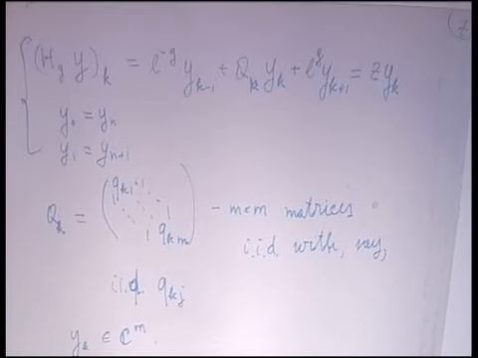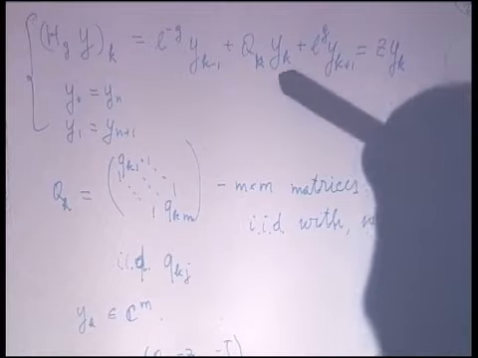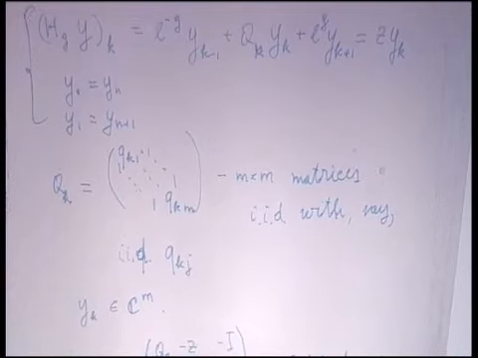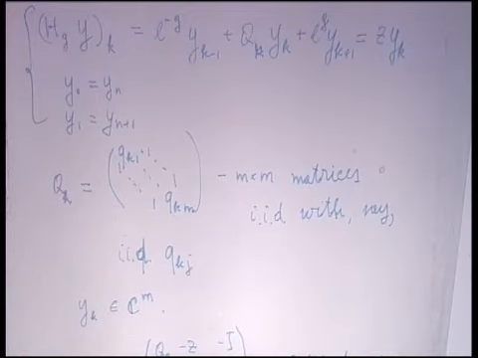Don't worry about it. So this is now the system where you have m by m matrices. In my example, on my picture here, these are 2 by 2 matrices. These are the Q_k's I wrote.